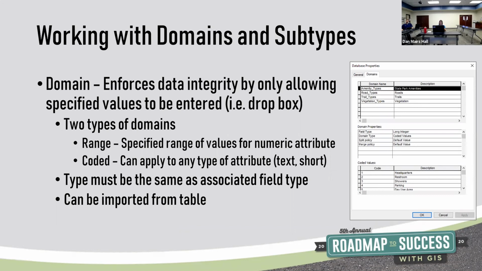Or you could do a coded value, and that could be text, a number, or any other kind of value in your field. The most important thing is that if you're creating a subtype or a domain type, the type matches the field type. So you can't create an integer domain and apply it to a text field.